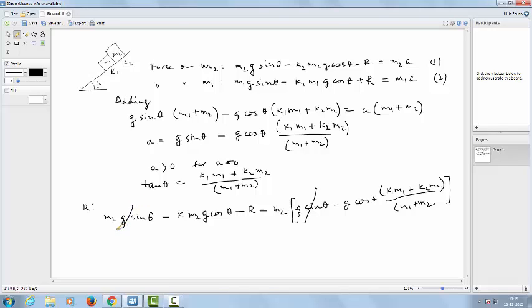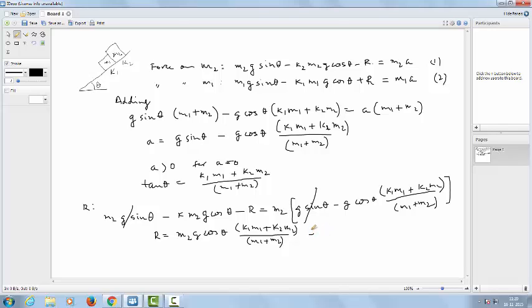So we can cancel them off, and we can write the value of r equal to m2 g cosine theta into k1 m1 plus k2 m2, divided by m1 plus m2, and we have another term.